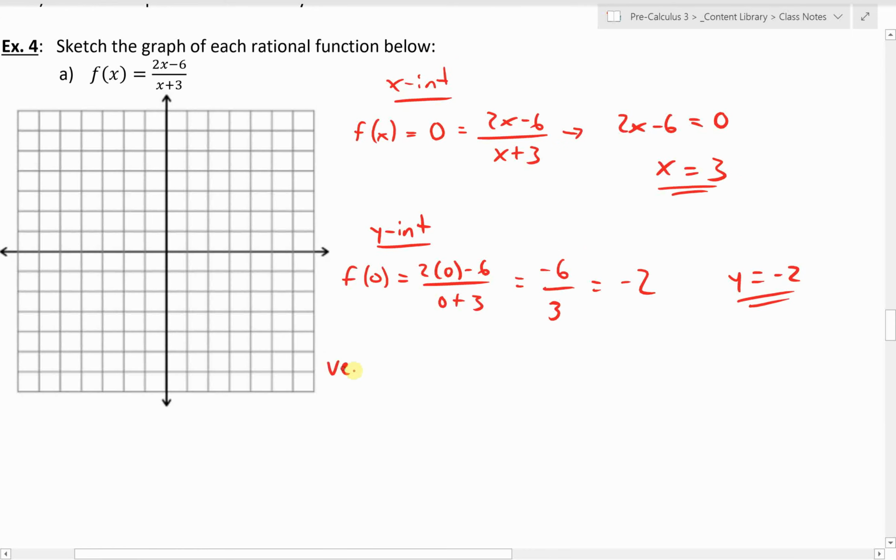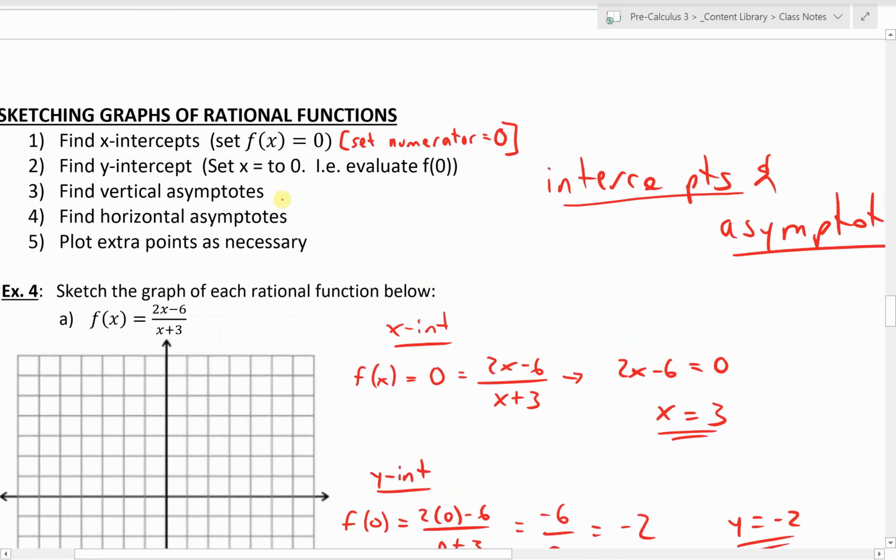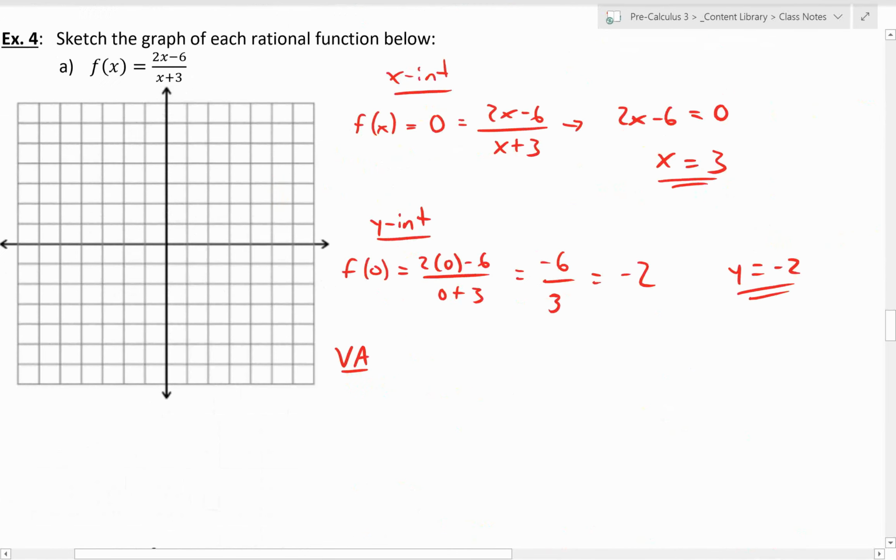Starting with the vertical asymptote. We find vertical asymptotes using the rules that we talked about in the previous videos. To find the vertical asymptote, we're going to set the denominator equal to 0. So we want to take that denominator, x plus 3, set it equal to 0, and we see that if we solve for x here, we're going to get x equals negative 3.